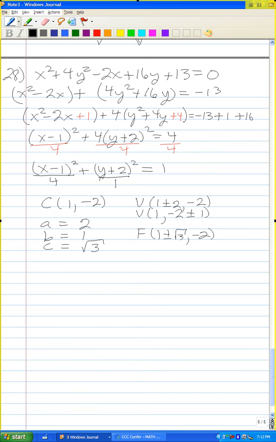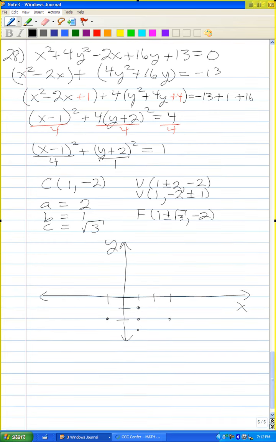And so I have the following ellipse. So x is 1, -2. That's my center. I will go 2 in the x. I will go 1 in the y. And so my ellipse will look something like this.